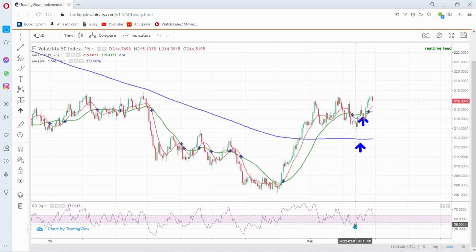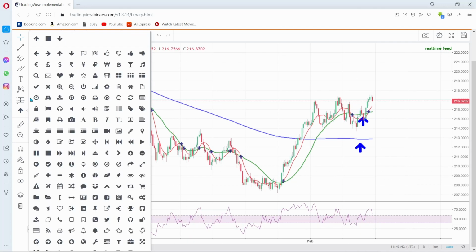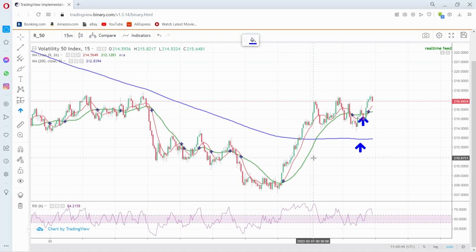It must be below this region. If it's above like this, we'll be looking for a sell signal, but if it's below over here, we'll be looking for a buy signal. As you can see over here, it was below this colored region, so we are going to put a buy signal as well over here.